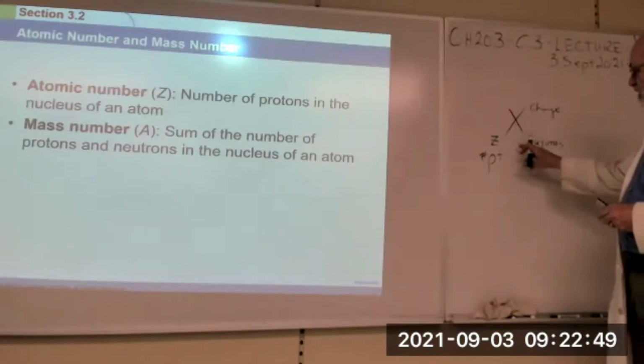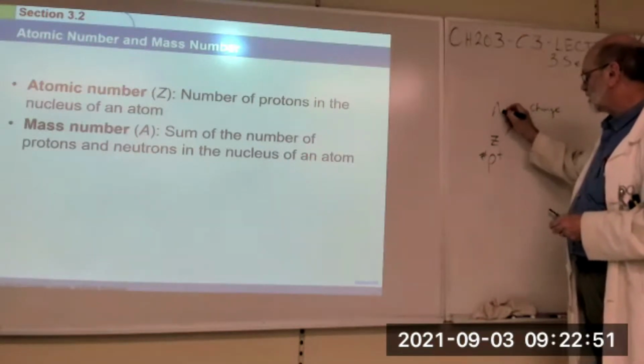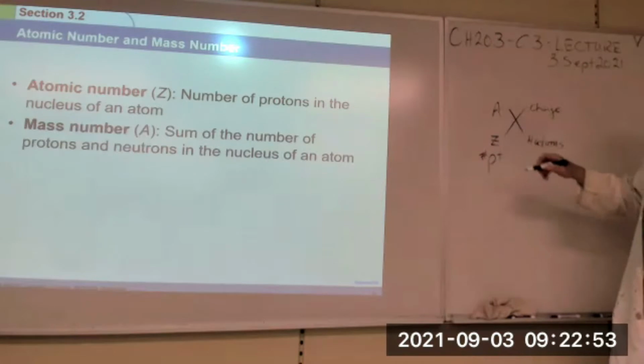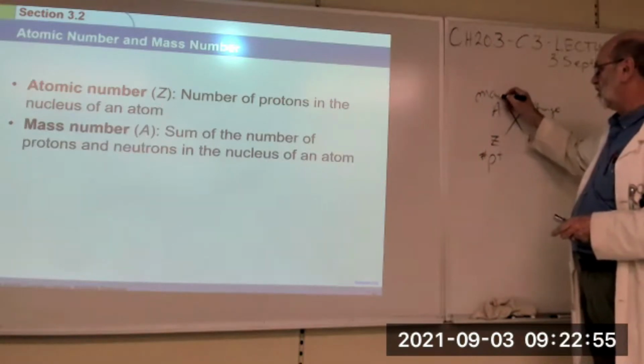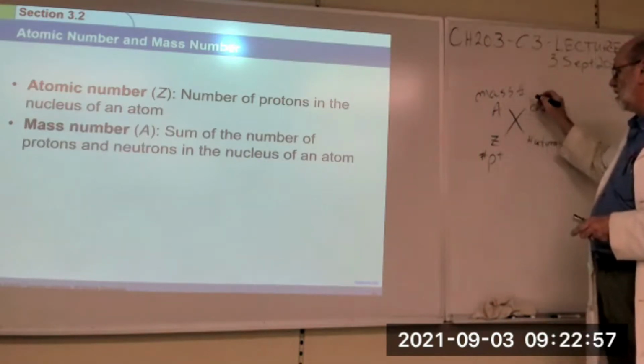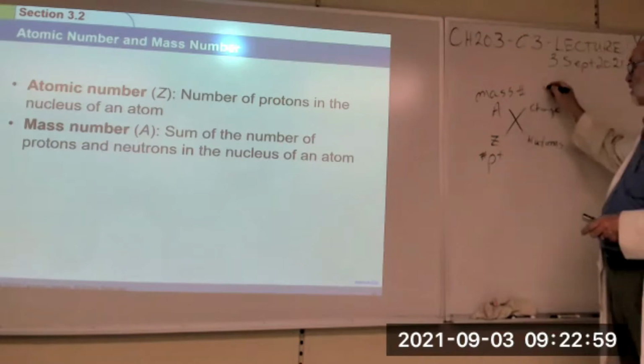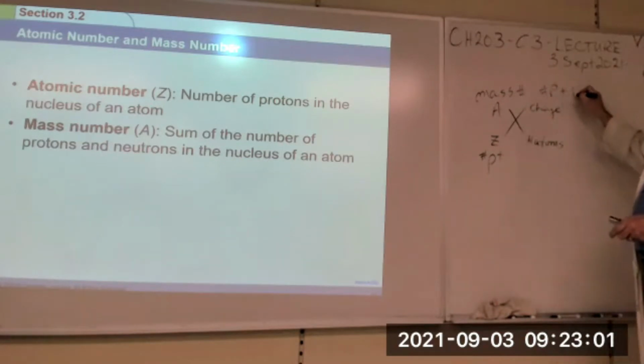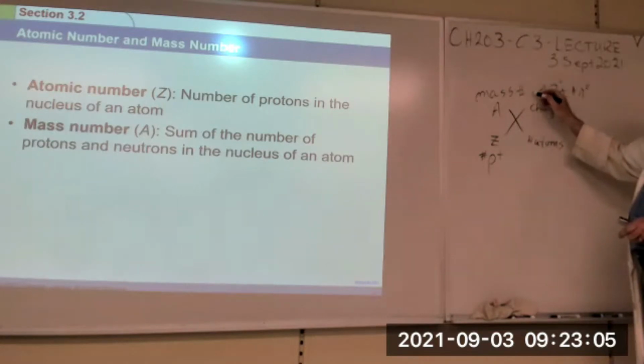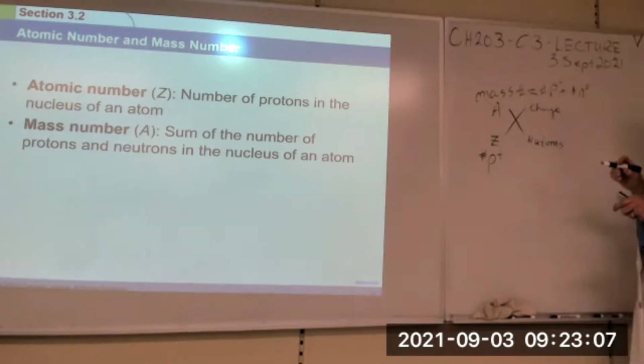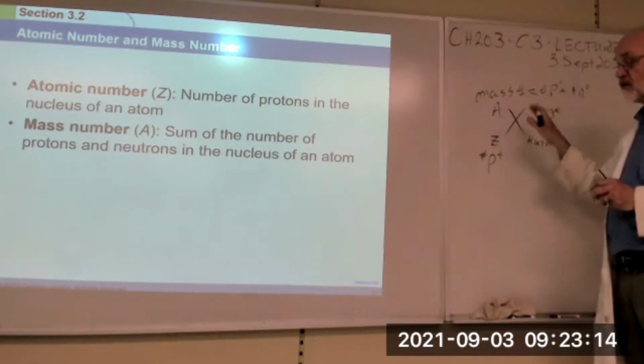Okay, and the other position here, we designate that A. This is the mass number. And it's the number of protons plus the number of neutrons. Okay. So we've got those four positions reserved.